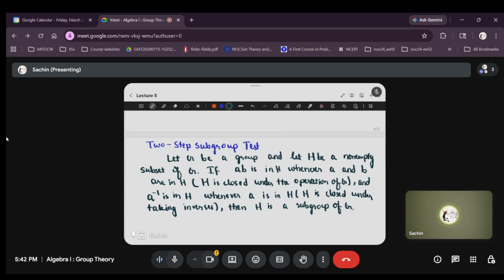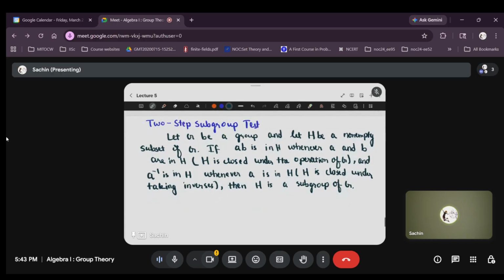So in the one-step subgroup test, you just had to check if it is non-empty, and once that is done, you just had to do one test. That is AB inverse is in H whenever A and B are in H. Here you have to do two tests. One is the closure test and the other is the inverse. The existence of identity, you don't need to check for it separately, is what it is saying.